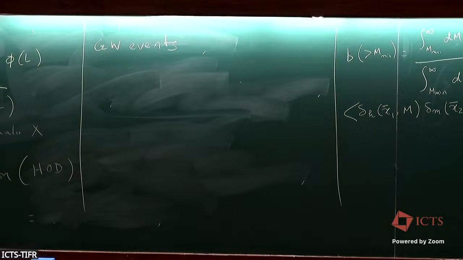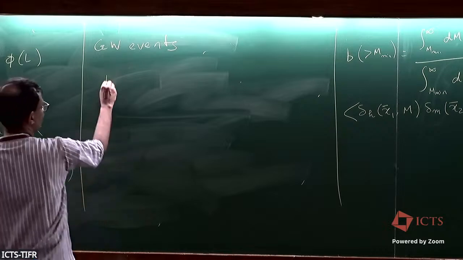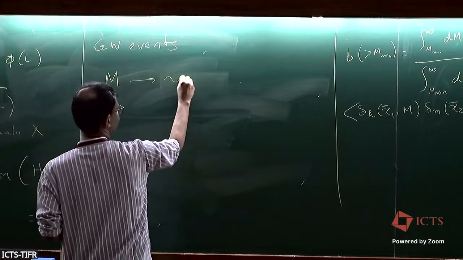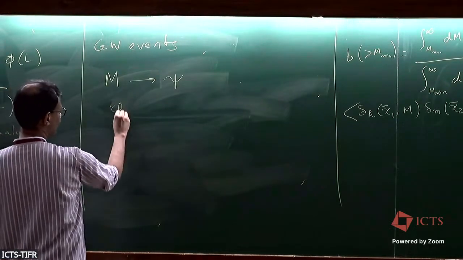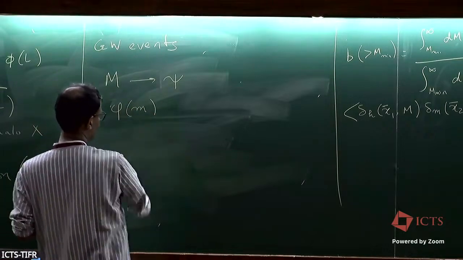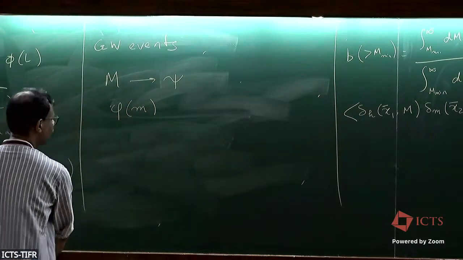So this halo of mass m has formed stars with some star formation rate, and these stars have also formed in some, so let us not go into the initial mass function.